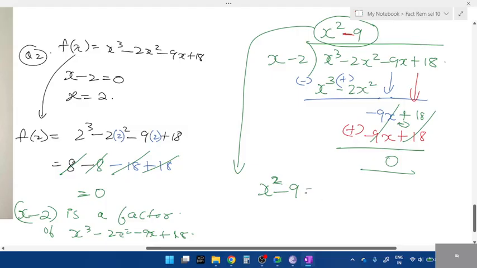x square minus 9 is equal to 0. Prime factor method. How do you factorize this, students? Minus 9 goes to the other side and becomes plus 9. What is the square root of 9?